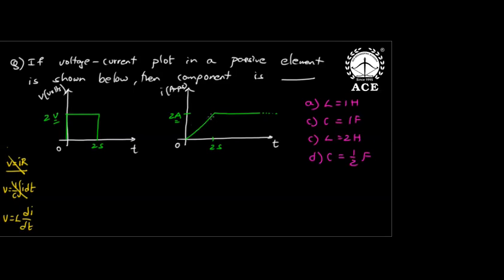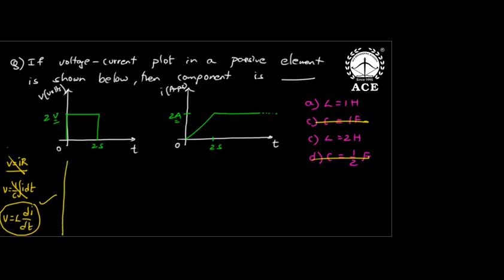When it ramps from 0 to 2 seconds the step came, and when current is constant, voltage is 0 because differentiation of a constant is 0. So this is definitely an inductor. One thing is for sure, it is an inductor, so in the given options the capacitor cannot be the correct answer.